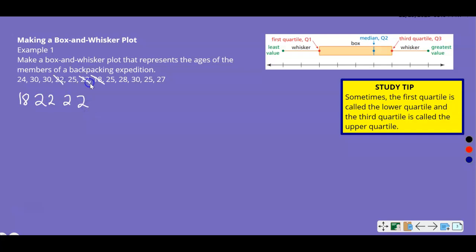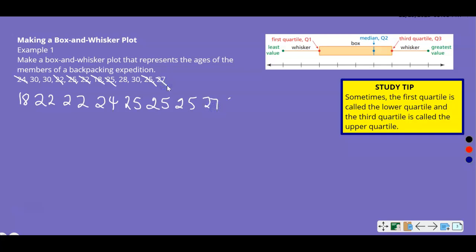And there's 2 of those. And the next number is 24. And then we've got 25, which shows up 3 times. And then the next largest number would be 27.